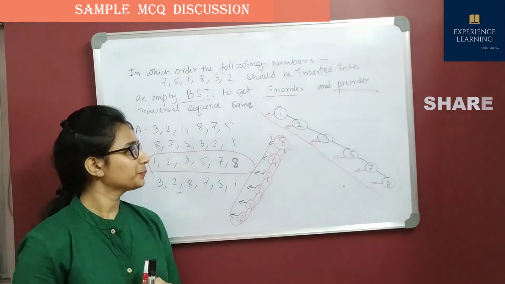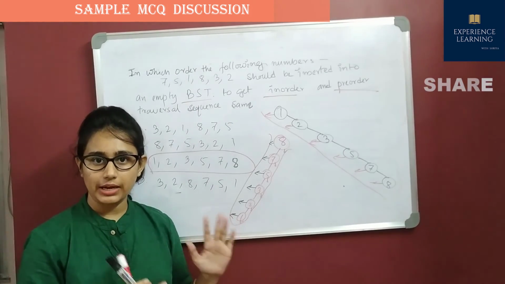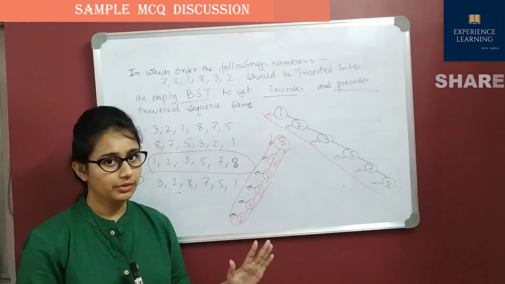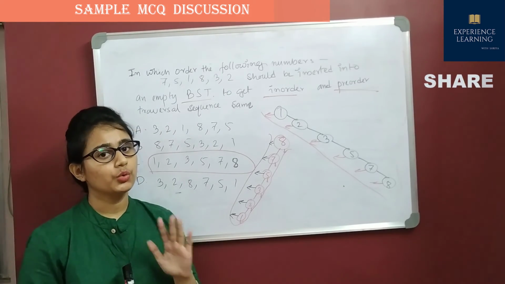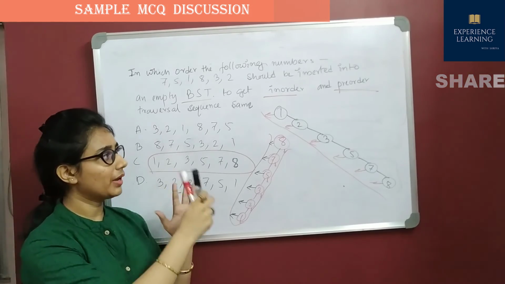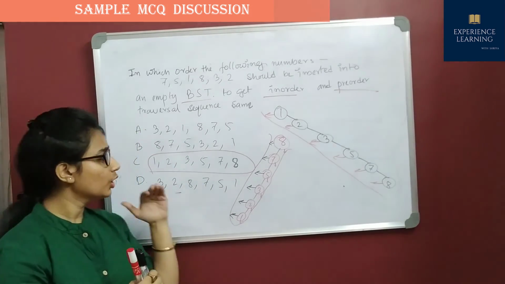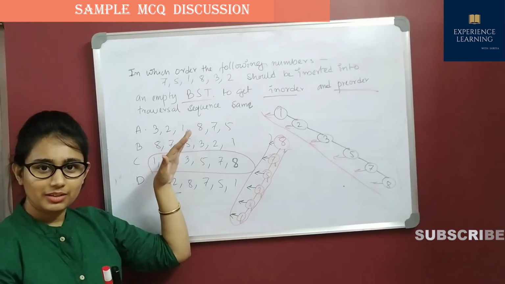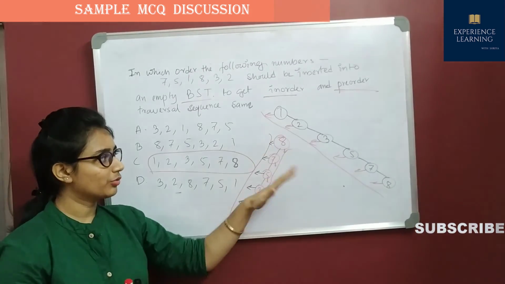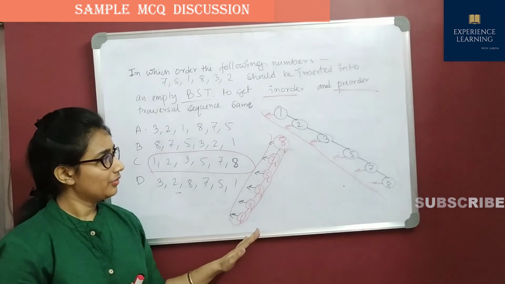You can see it in the end screen. So if this kind of question comes, please try to find out if there is any sequence which can make the binary search tree skewed. If you are getting 2 of these, then you have to decide which will be the right one.